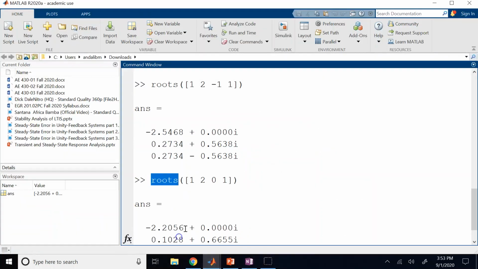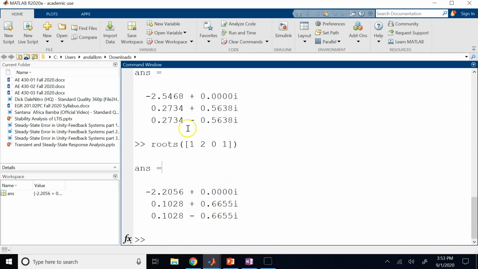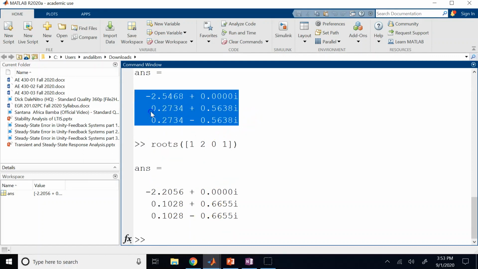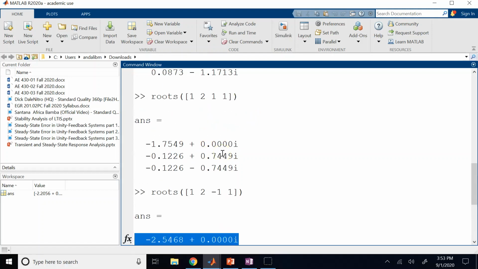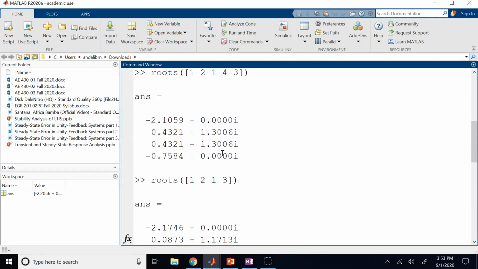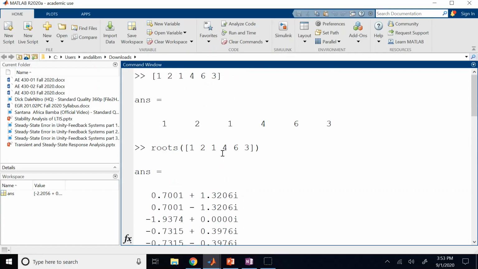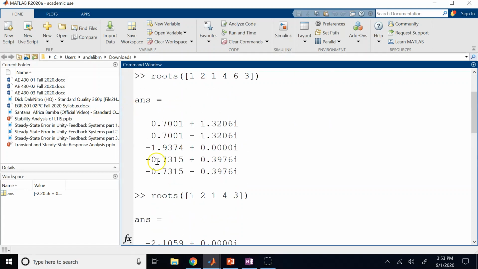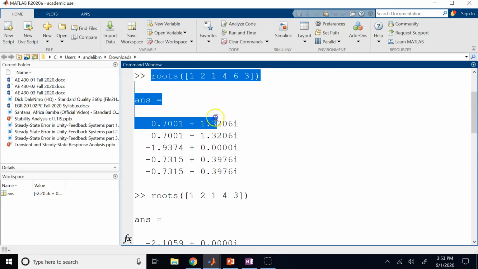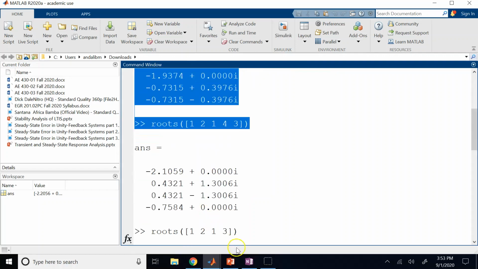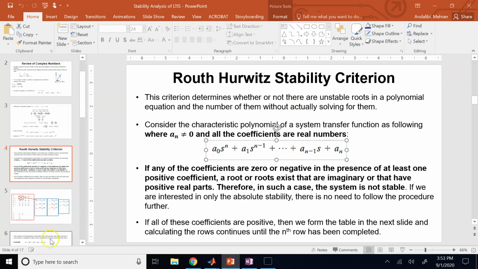I simply enter them in a numerical solver like the command roots in MATLAB, and that will give me all the roots. And if any of them has a positive real part, then the system is unstable. If one of them is pure imaginary, then the system is critically stable, and so on and so forth. When I have this simple, nice command that can tell me everything I need to know, what's the point of this? And I'll tell you why.